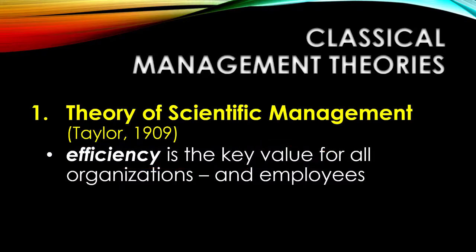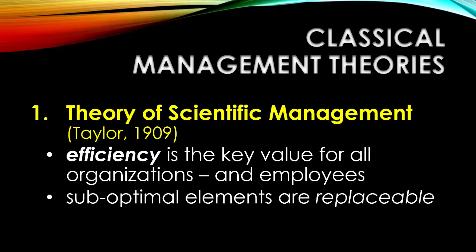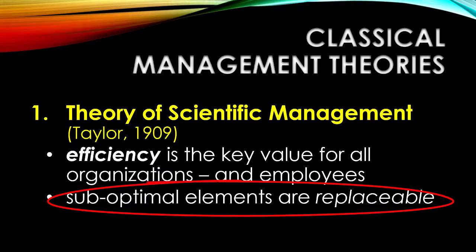If an organization is a machine, then you think about that organization's worth to the extent that it's accomplishing the things that it needs to accomplish with the most amount of productive output with the least amount of inefficiencies or resource waste. And if employees of an organization are parts of the machine, then that's the way you think about these employees. And so, from this theoretical standpoint, suboptimal elements are replaceable.